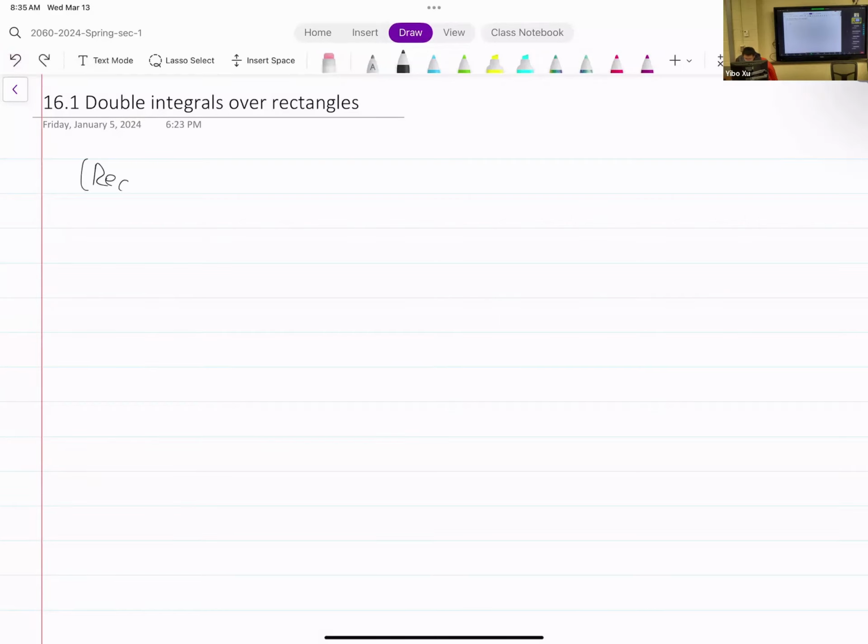Recall the definite integral, right? Basically, this is the integral from A to B of a function f of x. And in the notation here, there's a dx, okay?